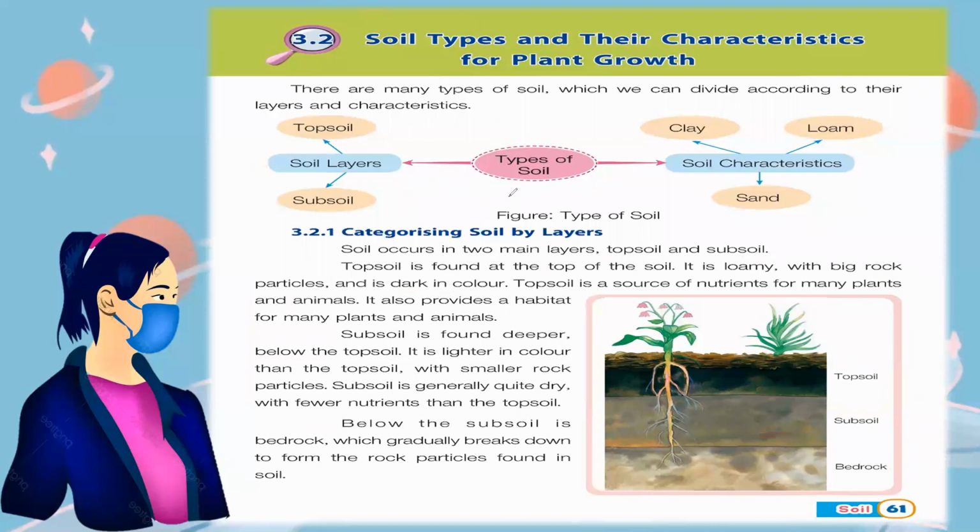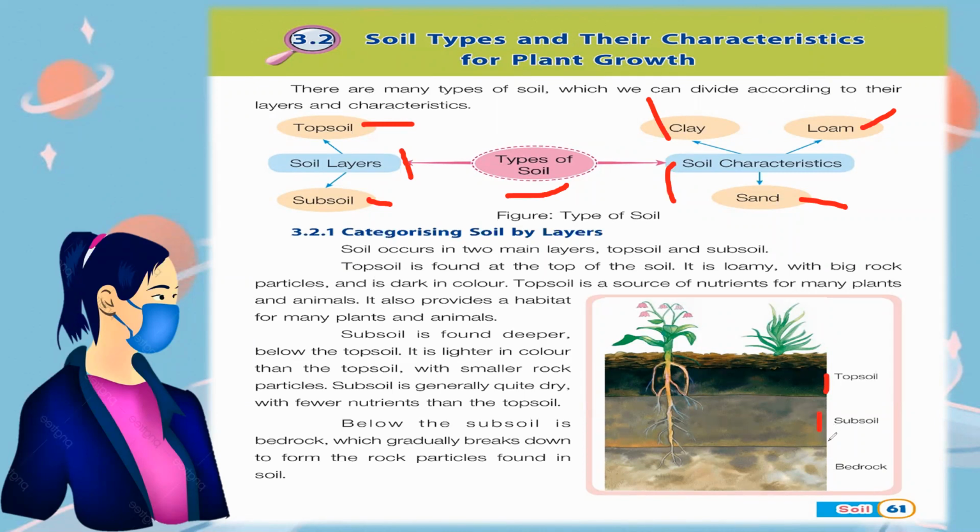Types of soil, I'll repeat one more time. In soil layers, we have one, topsoil, and second, subsoil. Then in the characteristics we have clay, loam, sand. Here you can see in the picture, the first layer, that's topsoil, richer in nutrients and darker in color.